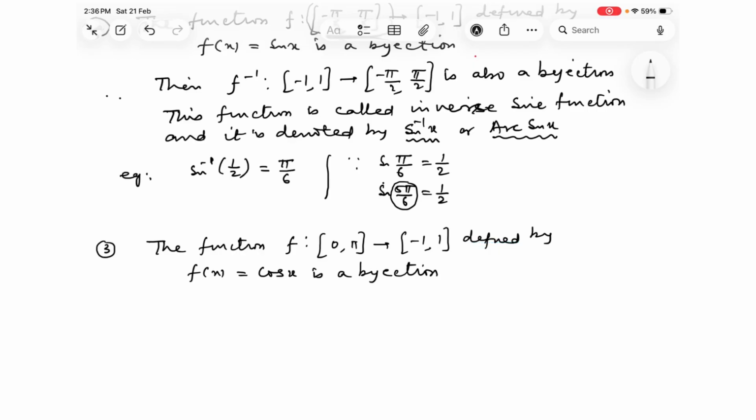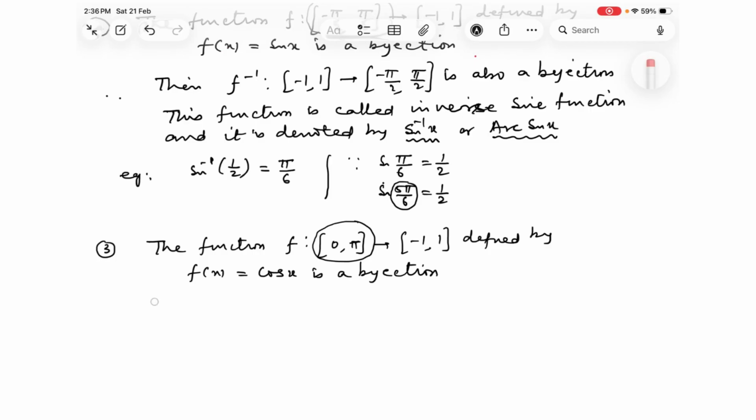Now once again remember, basically the domain of cos x is R. But if I restrict the domain to 0 comma pi, then only cos x becomes bijective, that is both one-one and onto.